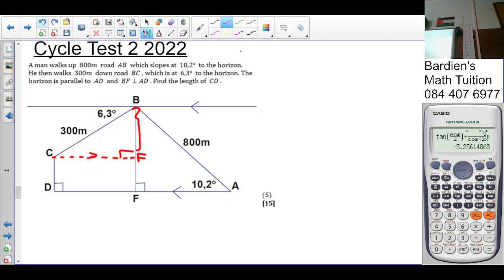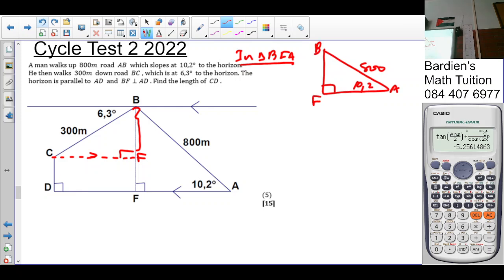You don't have to say this, but I'm saying now in triangle BFA, we have a triangle looking like this. There's 10.2 at A, 800 at B, and you got F. So we're going to calculate BF. Which trigonometric function uses opposite and hypotenuse? Sine.